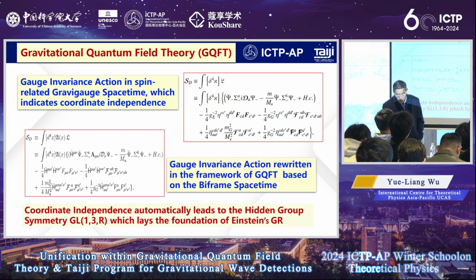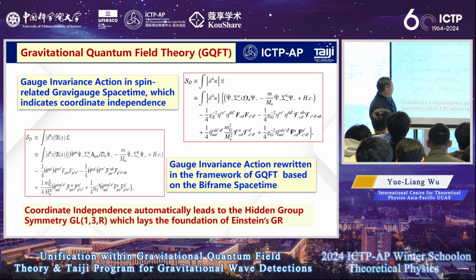Okay, then you project the spacetime. You find the electromagnetic interaction and the spin gauge interaction, and this gives the mass term of the spin gauge boson, actually. So this is the gravitational induction. This is called the biform spacetime, the spin-related spacetime, and you can project it to coordinate spacetime, and so on.